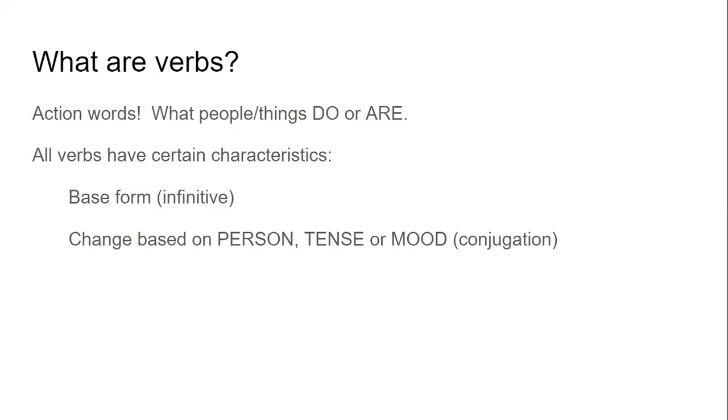English is a very low conjugation language. As a verb changes, it can also be called declension. It's a low declension language. You can tell from our infinitive, to speak, that it doesn't change very much when you switch from I to you to he, she, we, they. It's I speak, you speak, he speaks.